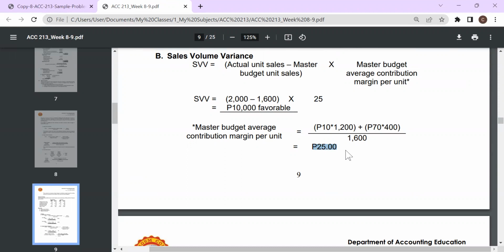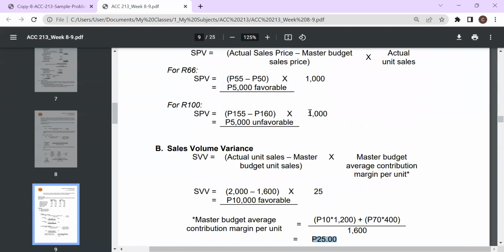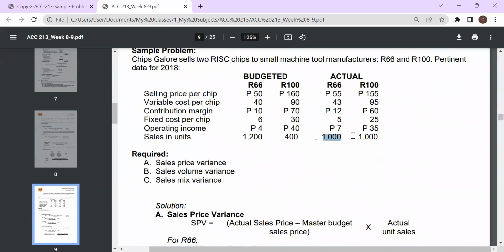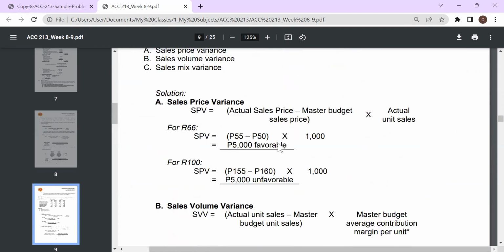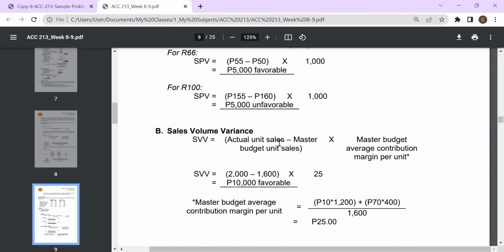So you just compare again the actual sales volume versus the budgeted sales volume. So in this case, yung actual niya, yung total, that's 1,000 plus 1,000. So you have 2,000 actual number of units sold versus the budgeted of 1,200 and 400. So that's 1,600 lang. So meaning mas marami yung nabenta na actual, no, compared to what was budgeted.